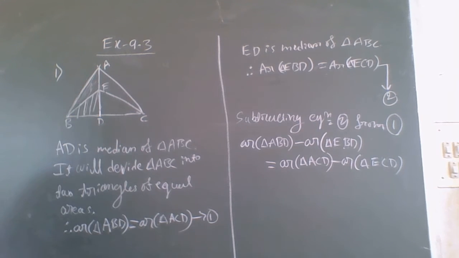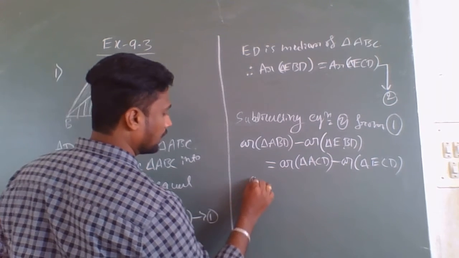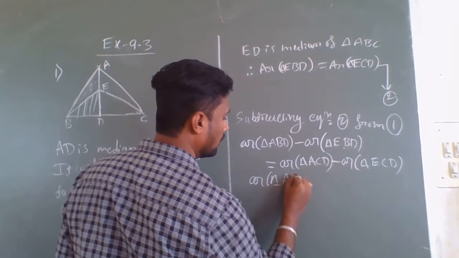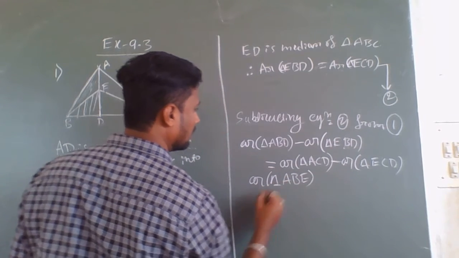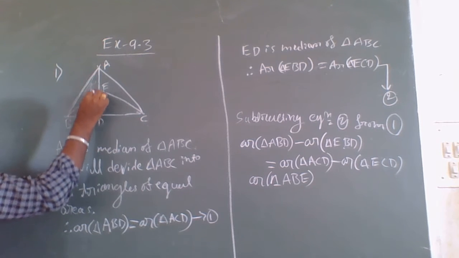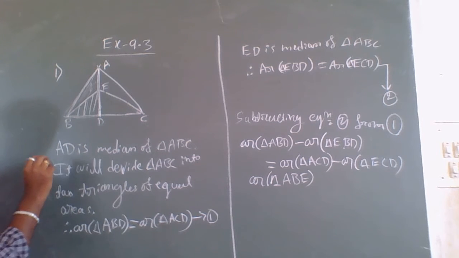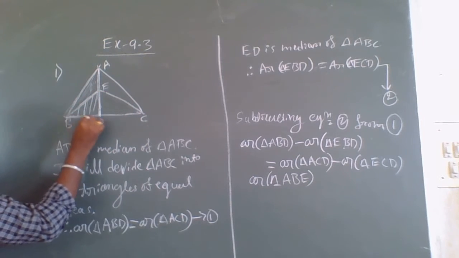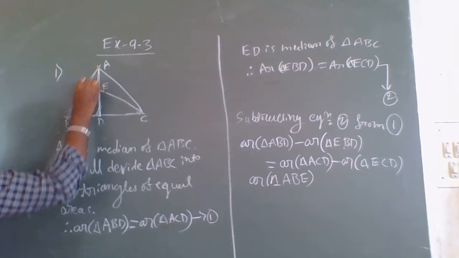So what we can write here? Area of triangle ABE. See here carefully. Area of triangle ABD means this part minus area of triangle EBD means this part. So this is remaining.